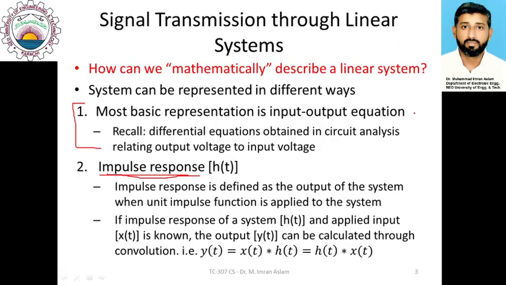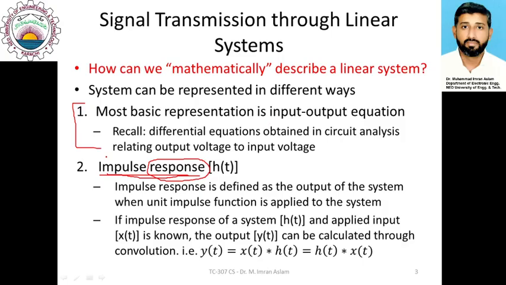So what is impulse response? First of all, I want to focus on this term, response. Whenever in the analysis of a system we refer to the term response, we are referring to the output side.